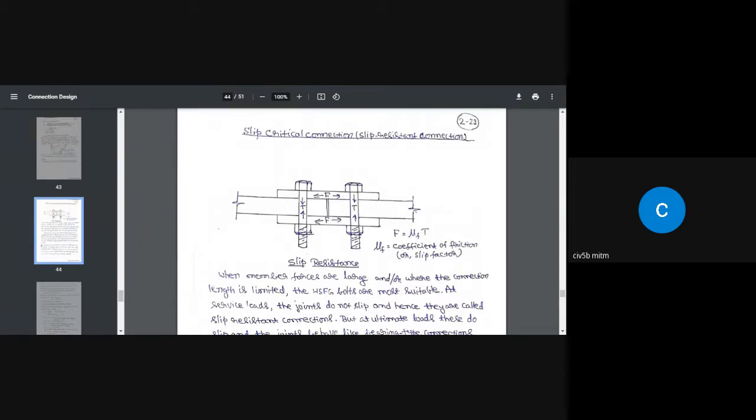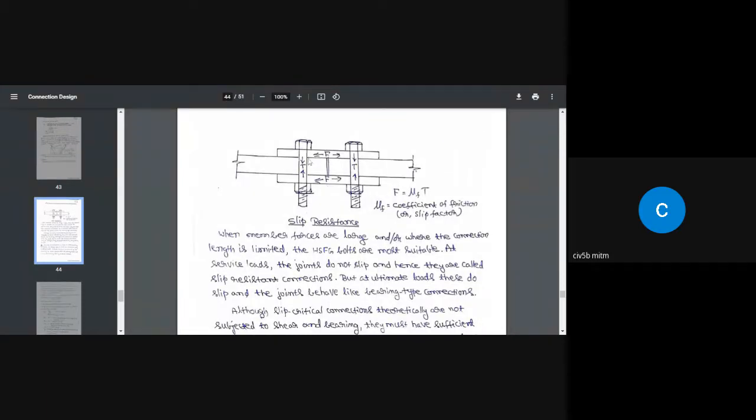But in case of slip critical connection, you can assume that there is no contact between the side of the bolt and the side of the plate. There is going to be some space throughout here. So what we do is we introduce bolts.